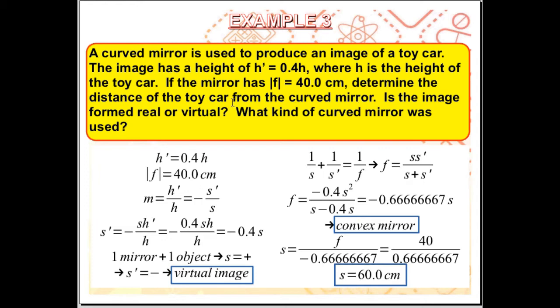Determine the distance of the toy car from the curved mirror. So determine the object distance. Is the image formed real or virtual? The image of the toy car, is that real or virtual? And finally, what kind of mirror was used? So it's a curved mirror. For a plane mirror, you will recall f is infinite, so it doesn't matter if positive or negative.